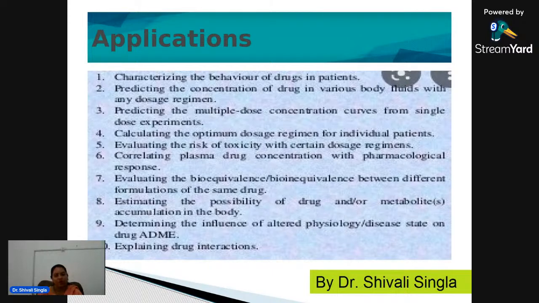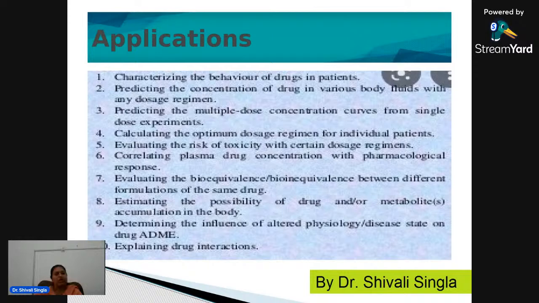Now, what are the applications of all these models? Means if we are going to develop a drug, what is the application of these parameters which we have calculated or mathematically determined from these models? See, the first application is characterizing the behavior of a drug in a patient.